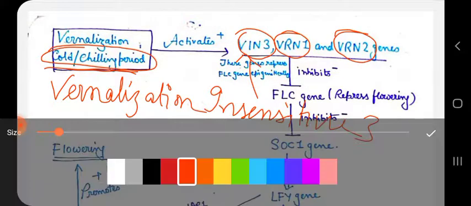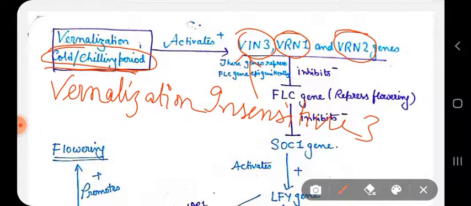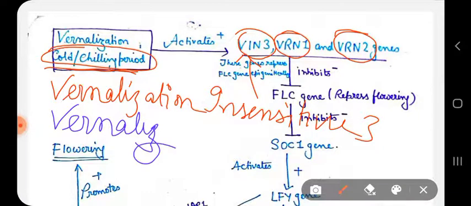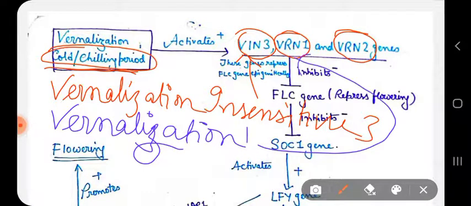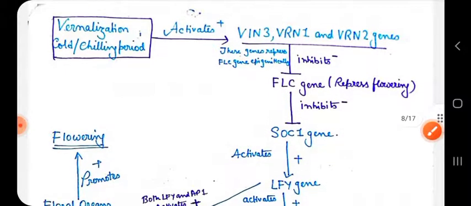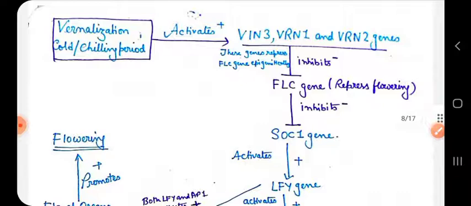About VRN1, the full form of VRN1 is vernalization 1. And obviously, VRN2 means vernalization 2. So during cold and chilling conditions, it leads to the activation of VIN3, VRN1, and VRN2 genes.